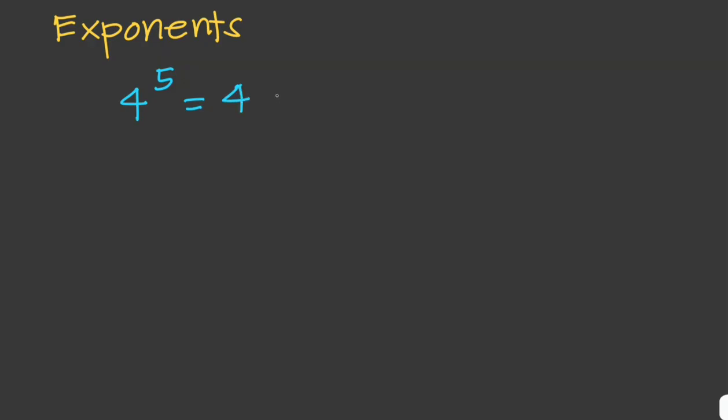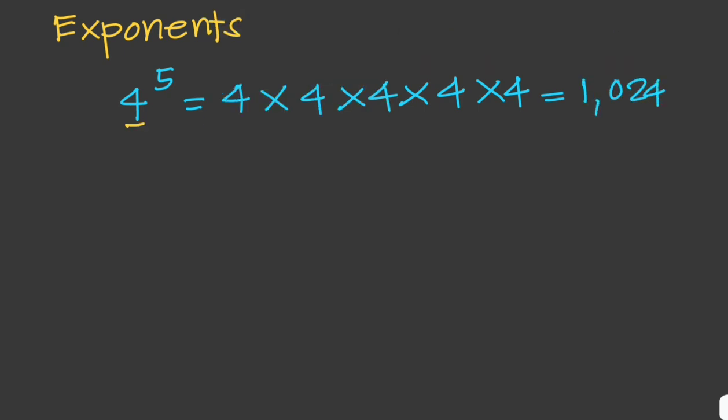So this is equivalent to 4 times 4 times 4 times 4 times 4, which is equal to 1024. So 4 here is the base and 5 is the exponent.